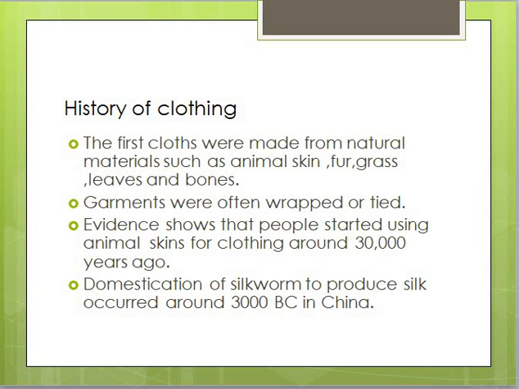Starting with history, the history of clothing was basically because of the need to protect the body from various harsh environment conditions and physical toughness. The people then decided to protect their body with some substances, which can be natural materials such as animal skin, fur, grass, leaves or bones, and other things also.